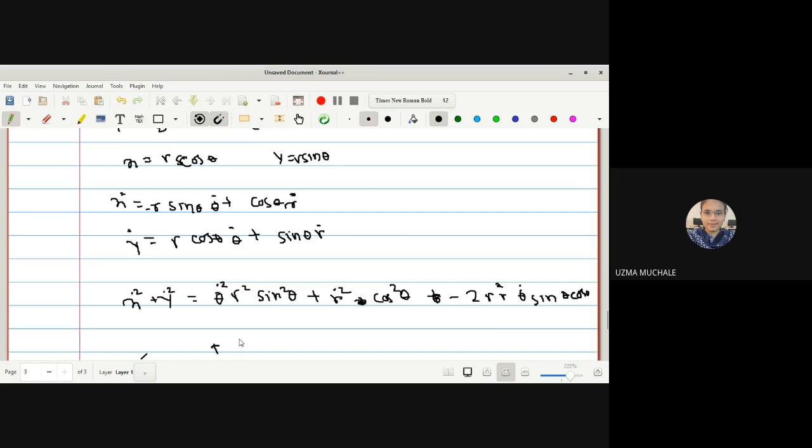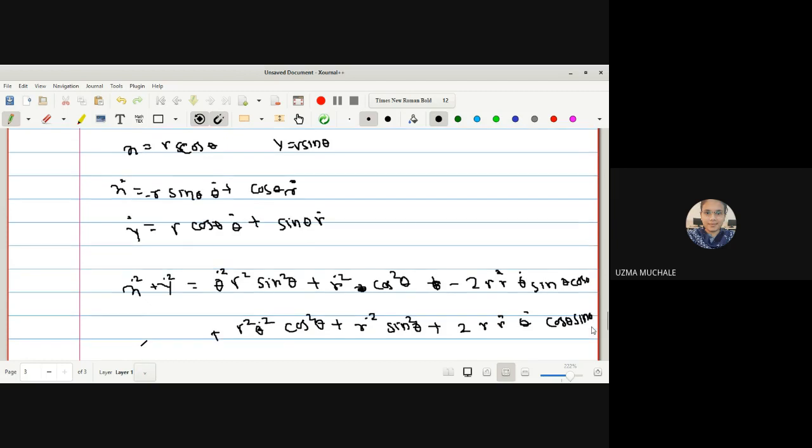Plus y dot square: r square theta dot square cos square theta, plus r dot square into sin square theta, plus 2 times r dot theta dot cos theta sin theta.